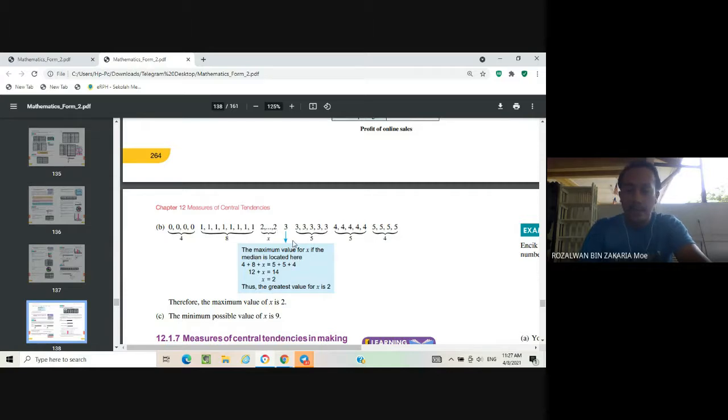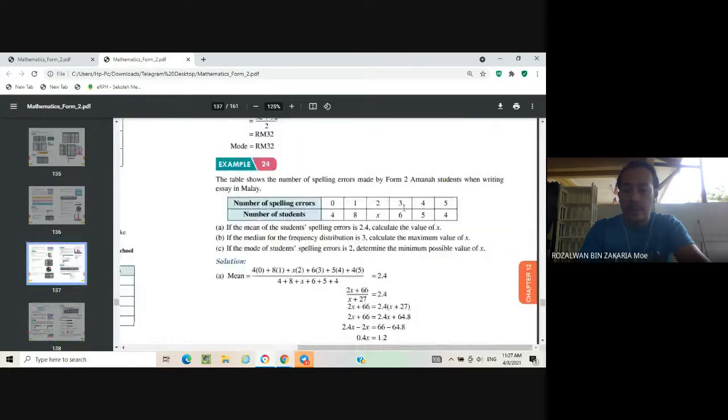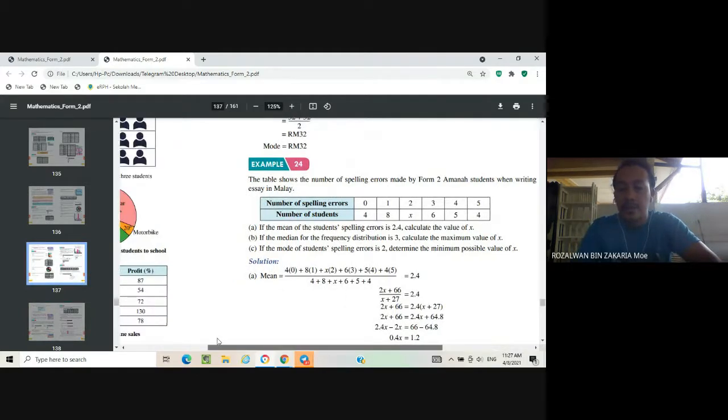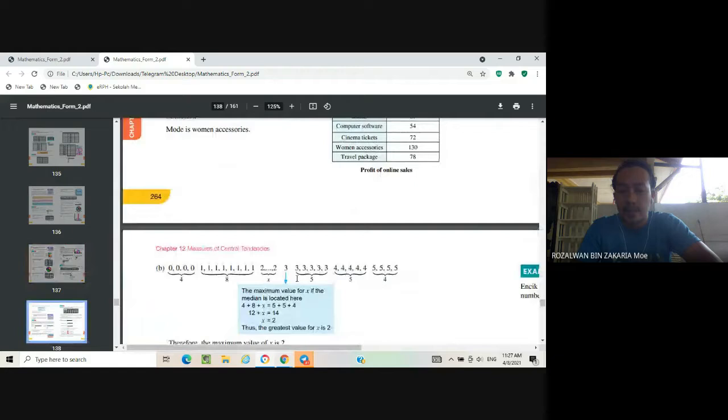Then we have the data 3. If you look at this, for the data 3, we have 6, so you have to write 3 six times: 3, 3, 3, 3, 3, and 3.